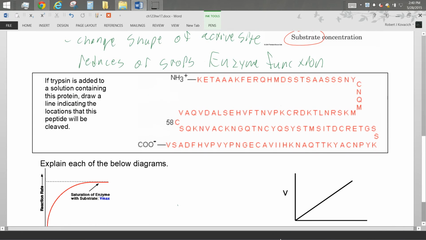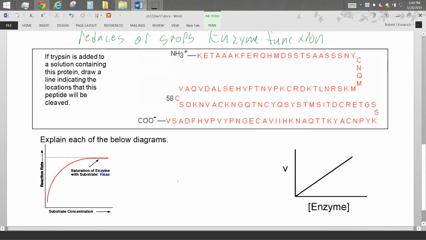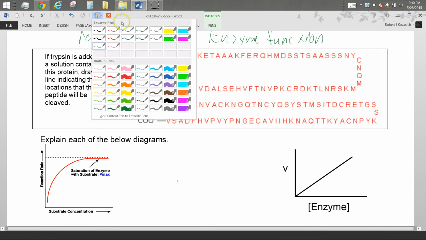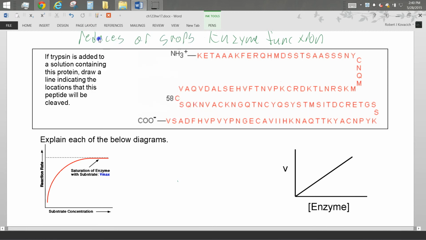All right, so we're going to add trypsin to this. Where does trypsin cleave? After the K's and after the R's. And it's after the K. Is it always going to be on the C side? Yes. No matter what the enzyme is, it's always going to be on the C side? Oh, no. Just for this enzyme, it's always on the C-terminus side.